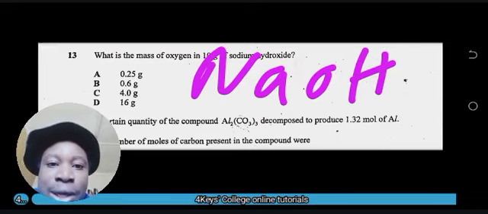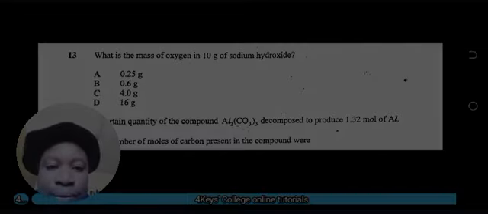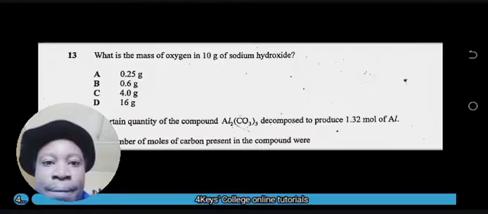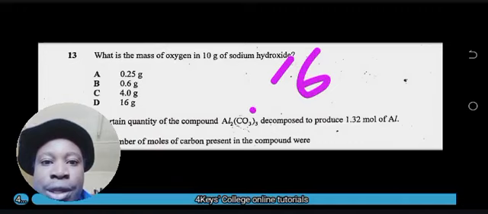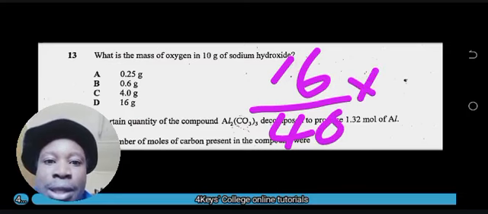So you're going to say the AR of oxygen times 1 divided by the mass of the whole compound. So this would be 16 for the oxygen. So you're going to get here your 16 divided by the MR, which is 40, times the 10 grams.